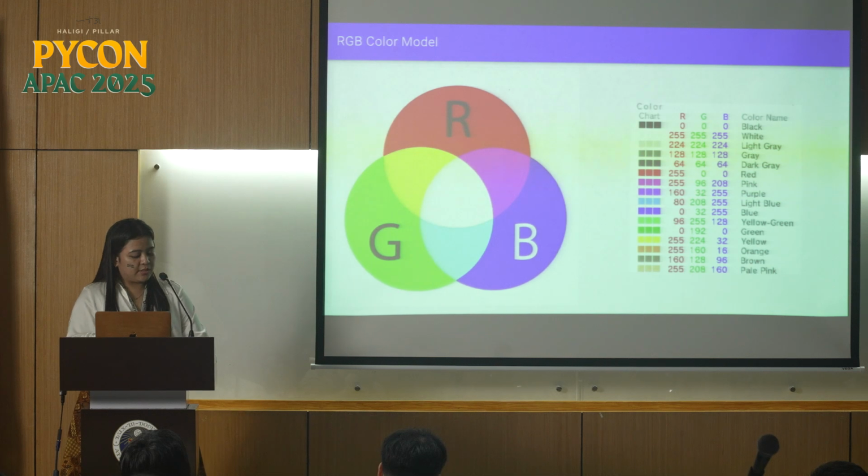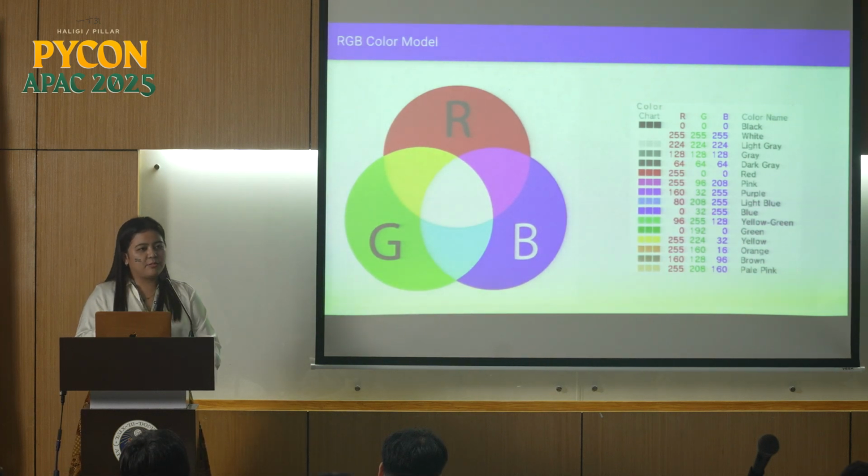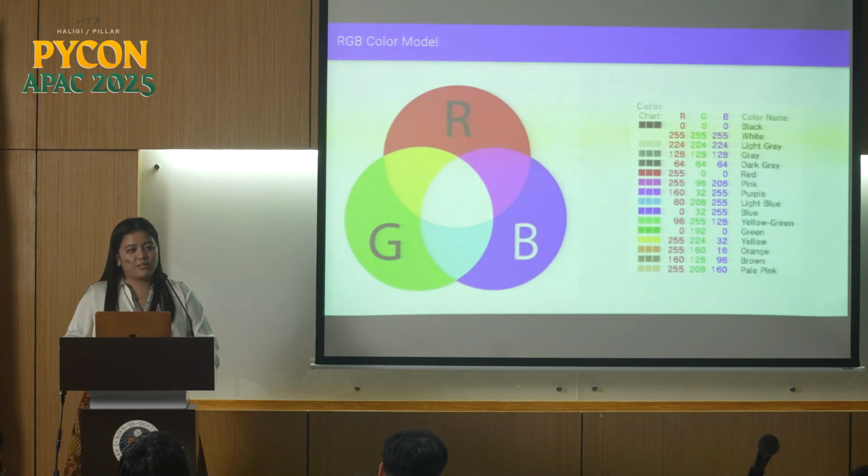The amount of each color, sometimes called the intensity, has a max value of 255 and a minimum value of 0. So if for red we have 0, it means it has no red in that specific pixel. The black color is represented by 0, 0, 0, and white is 255, 255, 255.